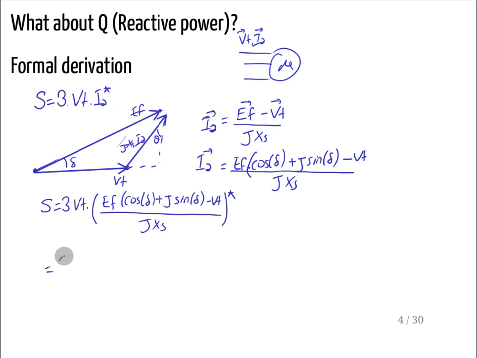Right. So 3 VT EF, so that one and that one, the j's cancel each other, sine delta divided by XS, so that is the real part of that equation, okay.